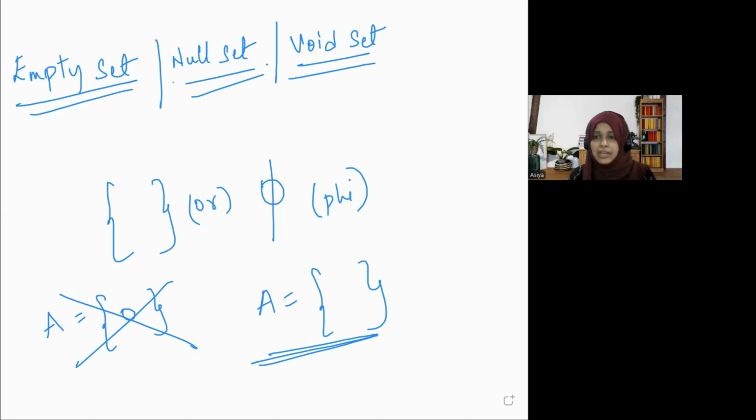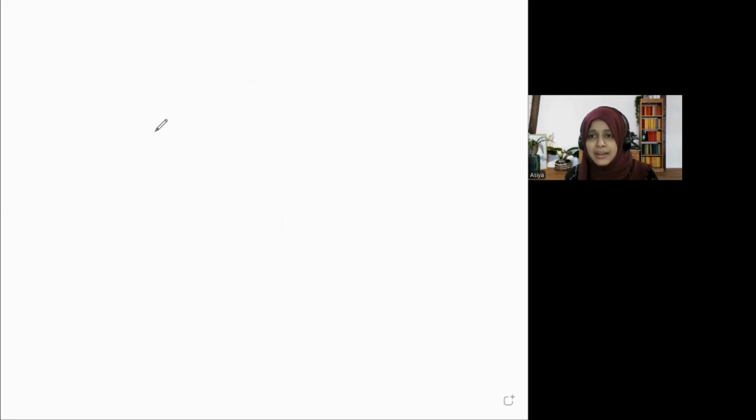Let us take a few real life examples and represent them in set builder form. Let us just briefly recall how we write in set builder form. Braces, then x. How do I read this? Followed by a colon.